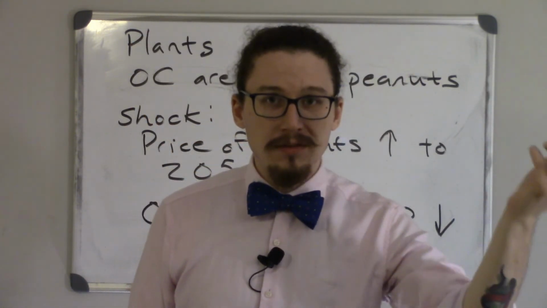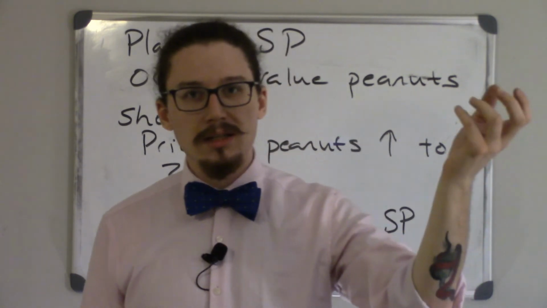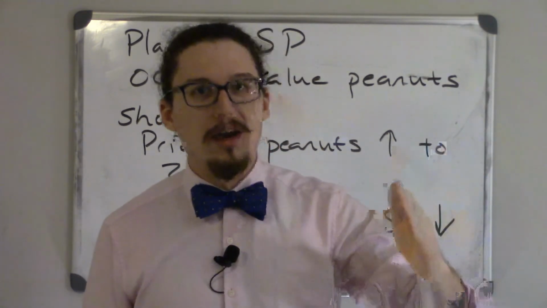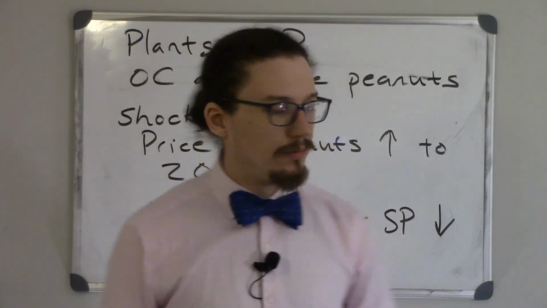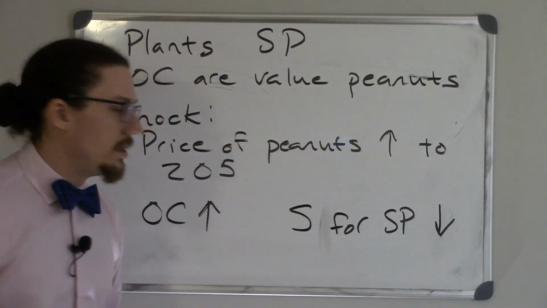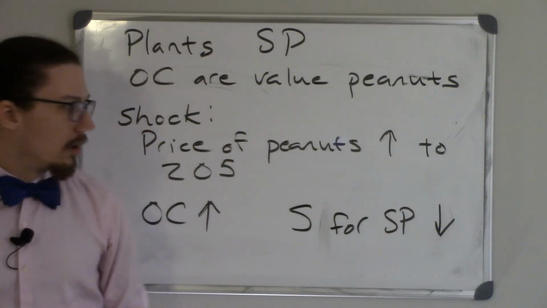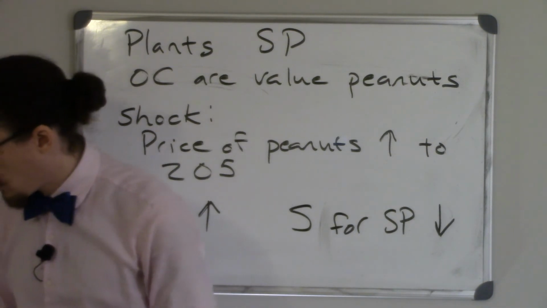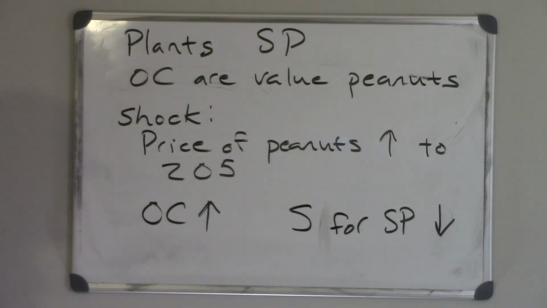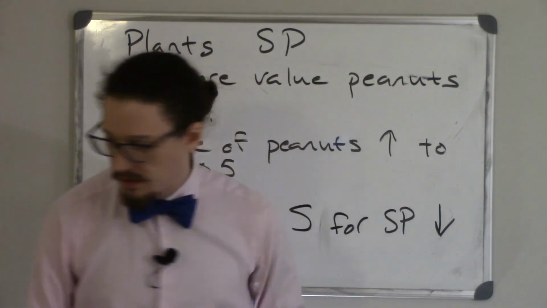When those producers left the market for sweet potatoes, the number of sellers went down, and so supply went down as well. So that's how changes in opportunity costs are going to work. But I think that's where we're going to end it.